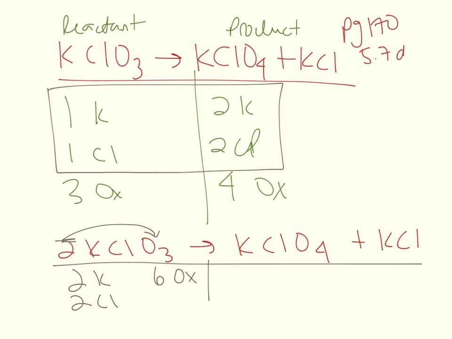On our product side, we have 2 potassium, 2 chlorine, and 4 oxygen. So we have adjusted for the potassiums as well as the chlorines, but now we have to deal with the 6 oxygen on our reactant side and the 4 oxygen on our product side.